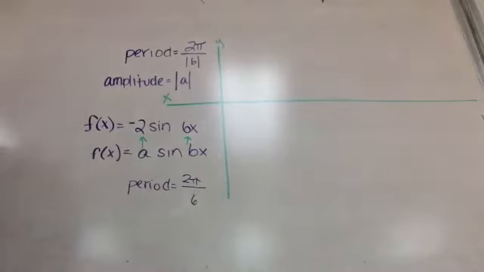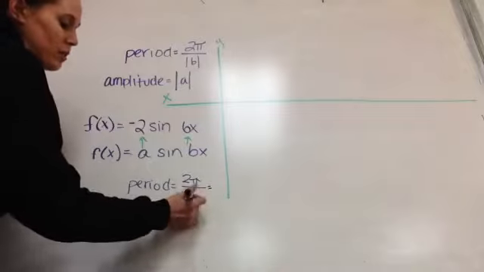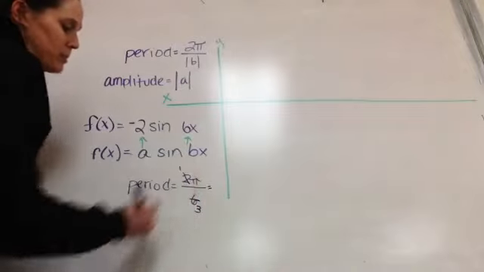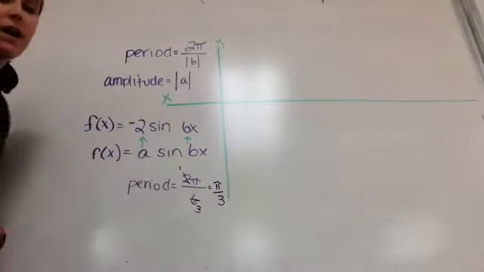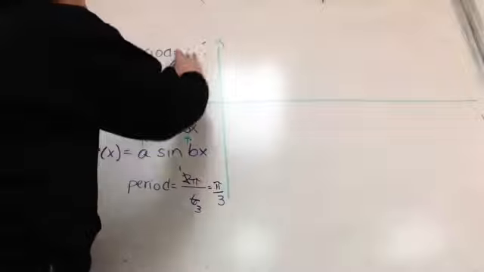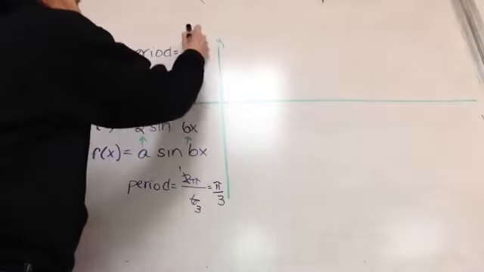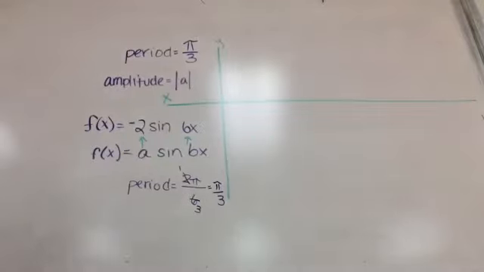I just make it go away. Now I need to reduce my fraction, of course. 2 goes into 6 3 times, and it goes into itself 1 time. So we're left with pi over 3, and that's going to be our period. So I'm going to come up here and change the period to pi over 3. And I'm going to use that information to graph in just a second.